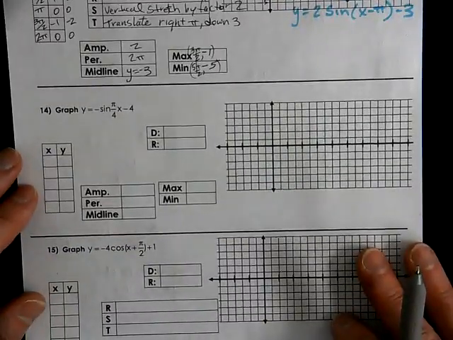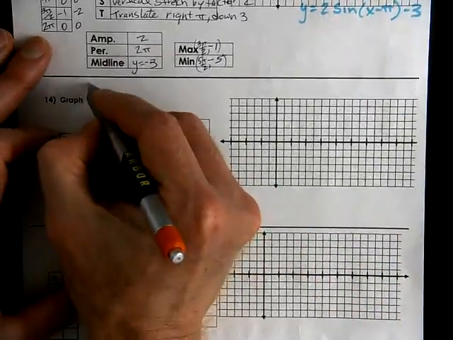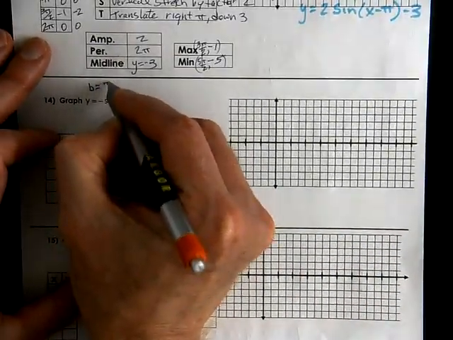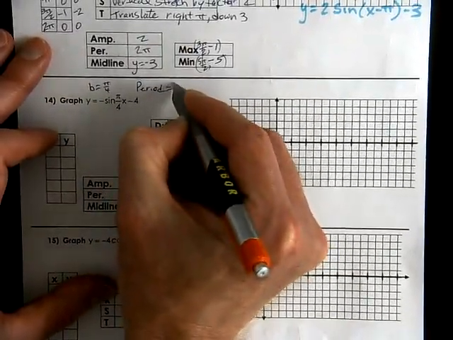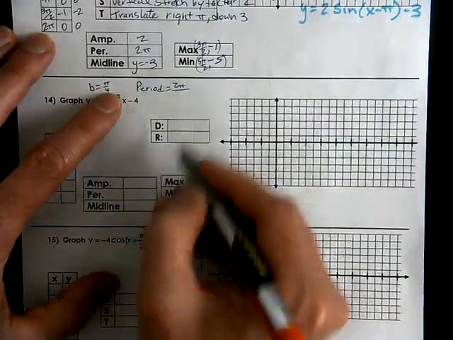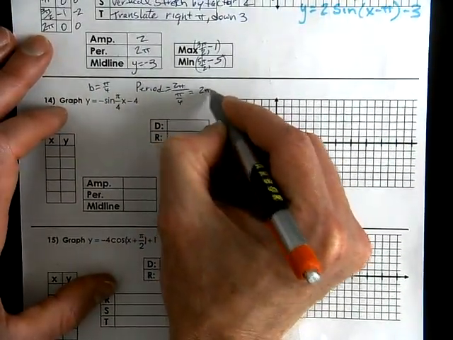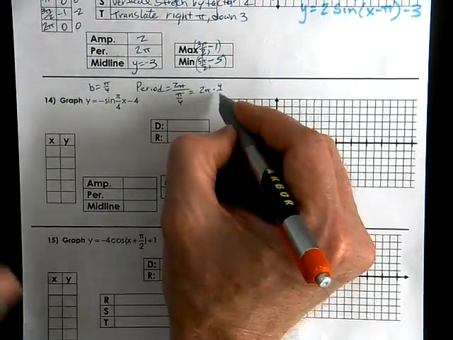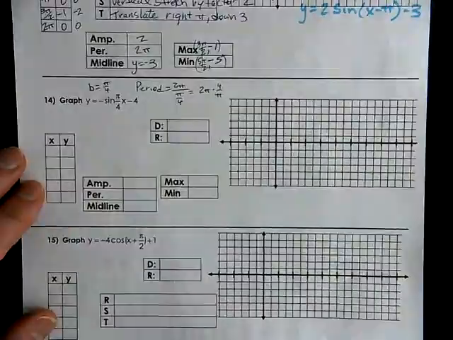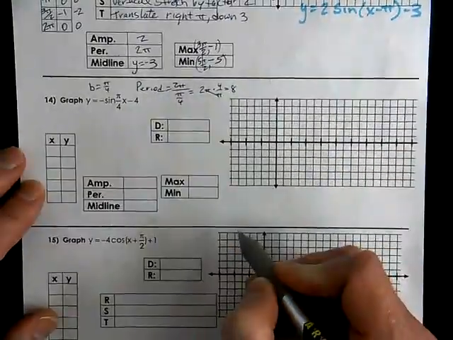Let's write it down here. Okay, we have a b value. You see here b value is pi over 4, so I need to do a period equals 2 pi divided by b. So that means that I'm going to do my 2 pi times the reciprocal. So my pi's cross off and I get 8.